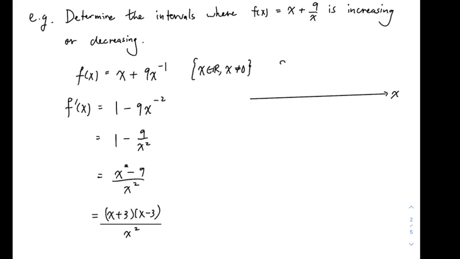So I'll put that up here. So here's our sign chart. On our sign chart, we're going to include where the derivative is undefined, and also where the derivative is 0. The derivative is undefined when x is 0. And the derivative is equal to 0 when x is negative 3 or positive 3.